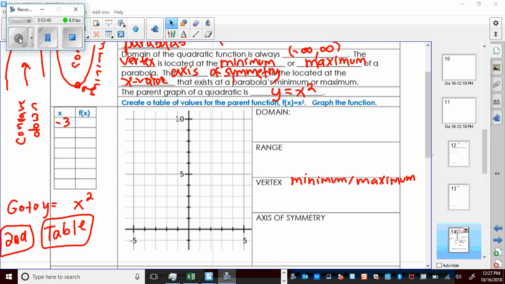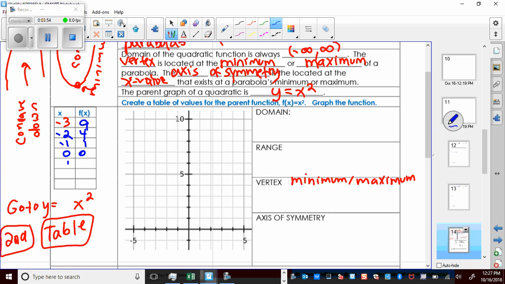Okay, guys. So, when you got the table of values, you should have gotten 9, 4, 1, 0, 1, 4, 9.